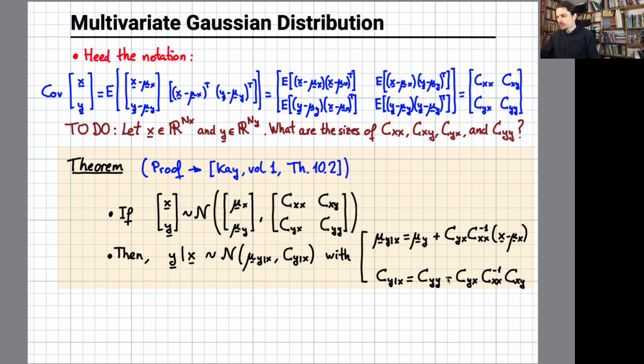So remember that this is a minus, right? Remember from a couple of slides ago that conditioning decreases in principle the uncertainty, right? So it reduces the variance, in this case the covariance, right? So it wouldn't make sense to have here a plus, because that would imply that our posterior covariance can be greater in some sense than the prior covariance, right?